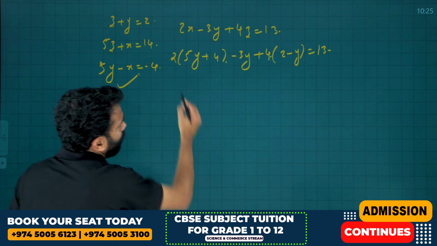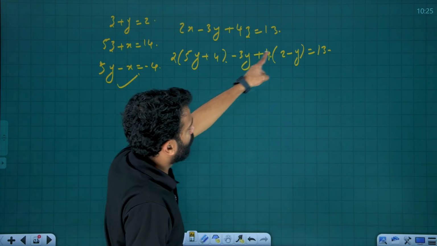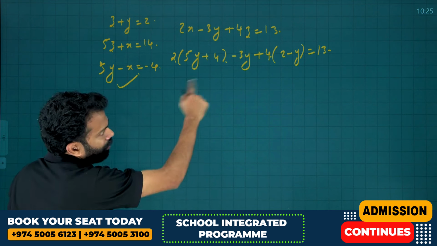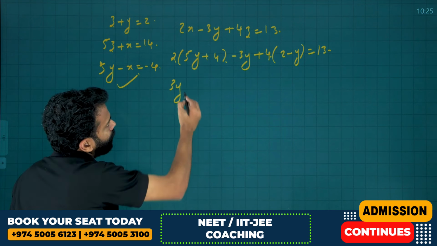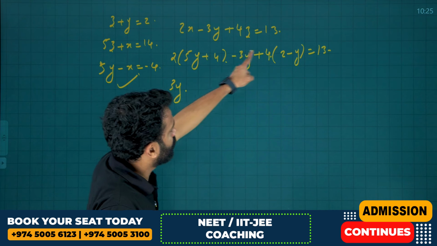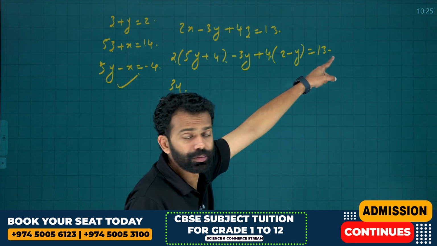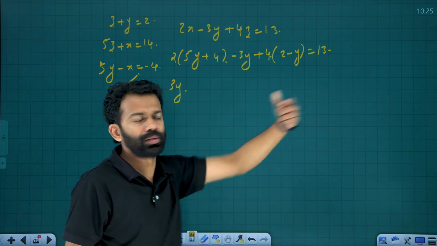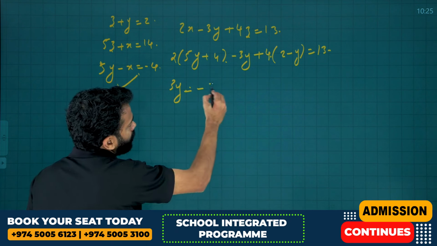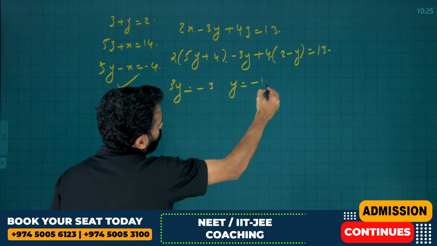It will be 10y minus 3y minus 4y, that is 10y minus 7y, which is 3y. And 8 and 8 make 16, which goes there and becomes minus 16, and 13 minus 16 is minus 3. Therefore 3y is equal to minus 3, therefore y is equal to minus 1.